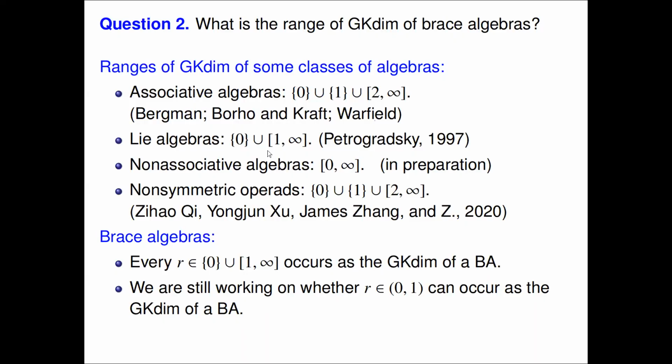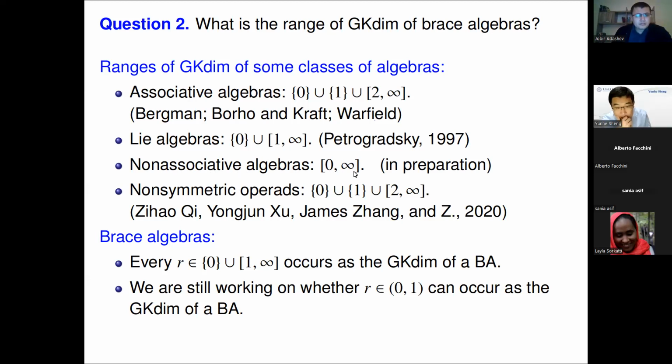And for general non-associative algebras, there is no gap. That means any non-negative real number and infinity could be the GK dimension of some non-associative algebra.